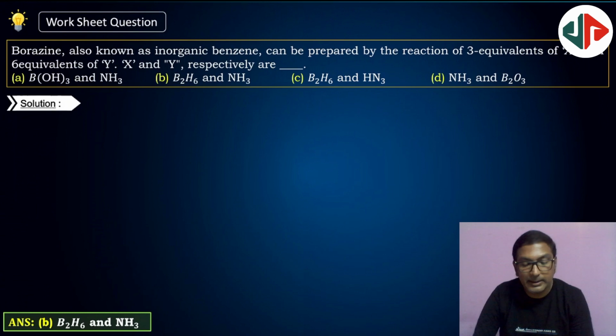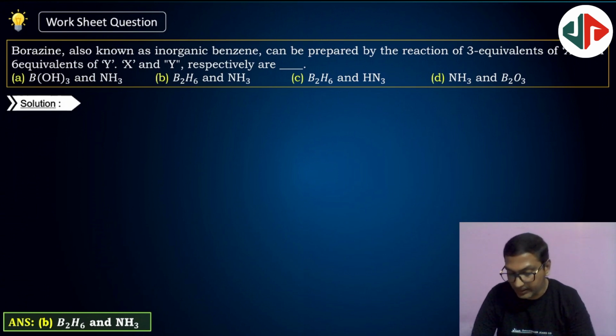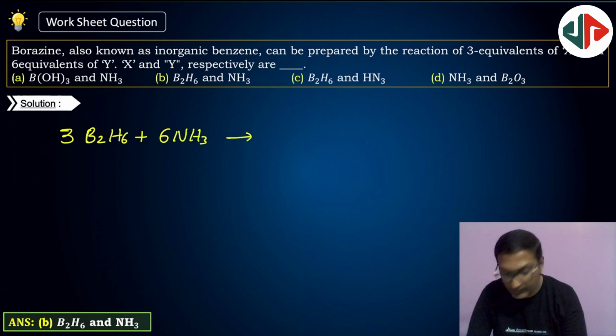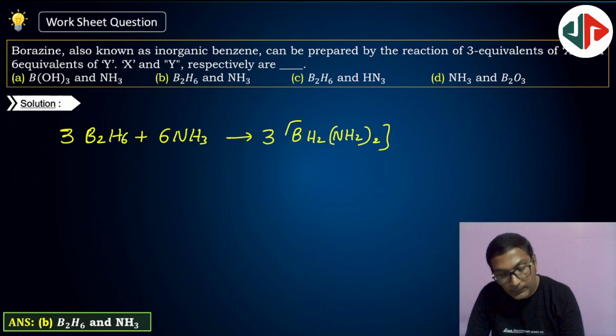Borazine, also known as inorganic benzene, can be prepared by reaction of 3 equivalents of X with 6 equivalents of Y. X, Y respectively are. So 3 equivalents of B2H6 reacts with 6 equivalents of NH3. It forms 3 moles of [BH2(NH3)2]+ [BH4]-.